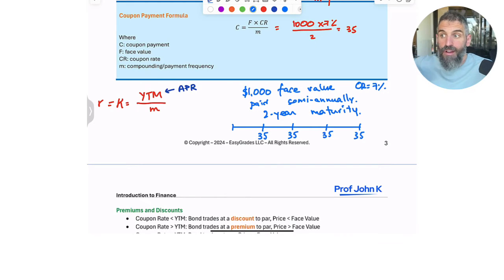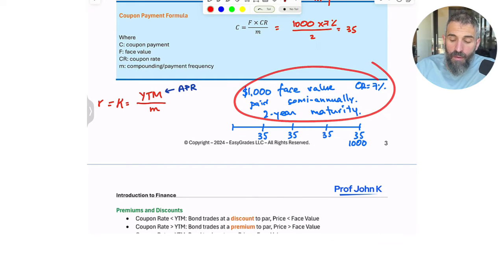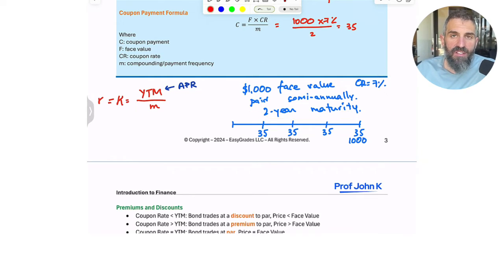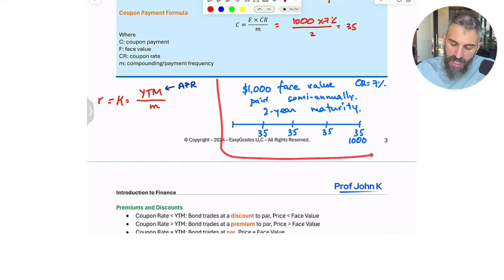So if you're the investor, you're actually getting $35 in cash deposited into your account every 6 months. And on top of that, you're getting $1,000 at the end. So for the investor, this is money coming in. For the borrower, this is money going out. This means this. And in a second, we're going to take this and find its present value. Okay, but for now, just understand how to read it.